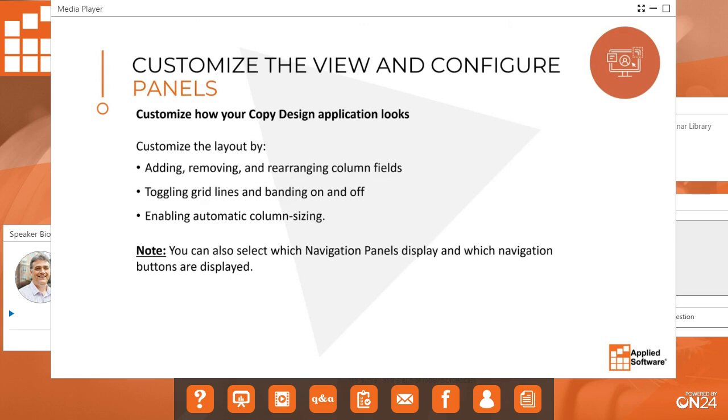So you can customize the layout by adding, removing, and rearranging column fields, by toggling grid lines and banding on and off, and by enabling automatic column sizing. You can also select which navigation panels display and which navigation buttons are displayed. And that's part of the navigation panels configuration.